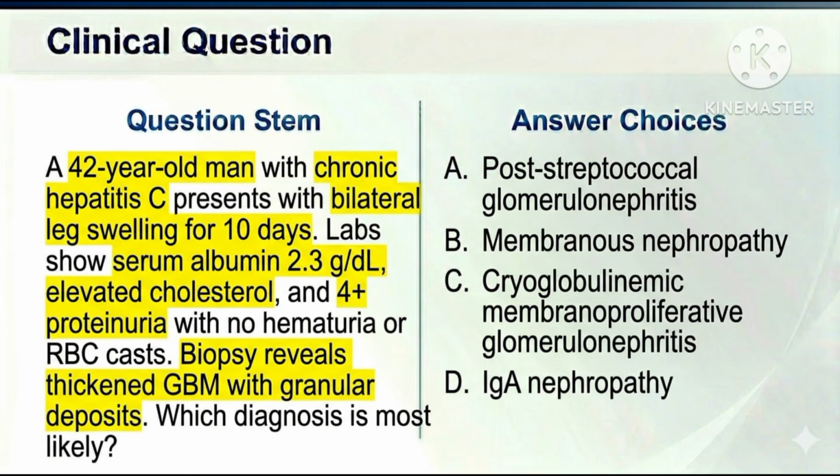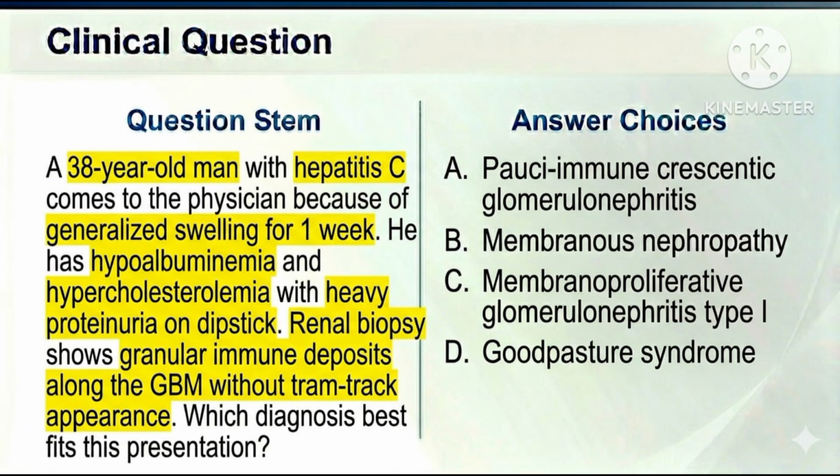Read this question stem. 42-year-old man, chronic hepatitis C with features of nephrotic syndrome, leg swelling, low albumin, high cholesterol, proteinuria. Biopsy reveals thickened glomerular basement membrane with granular deposits. That's membranous nephropathy.